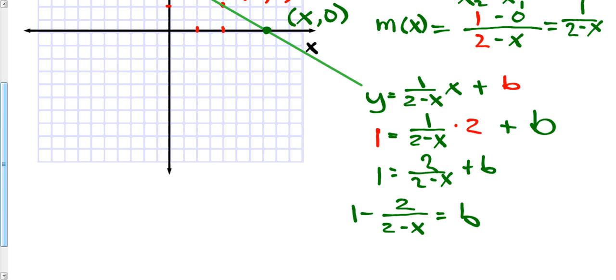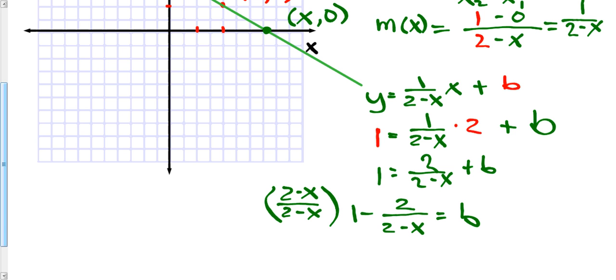This is some hot garbage, so we're going to simplify this. We're going to simplify this by giving 1 a common denominator with this guy. So what do I multiply by? Does that give me a common denominator?